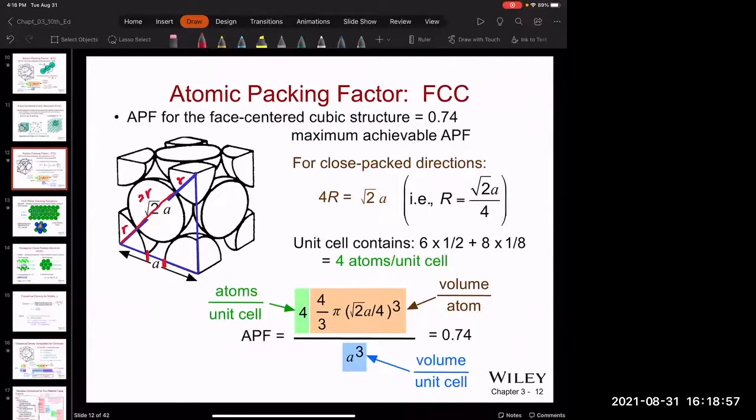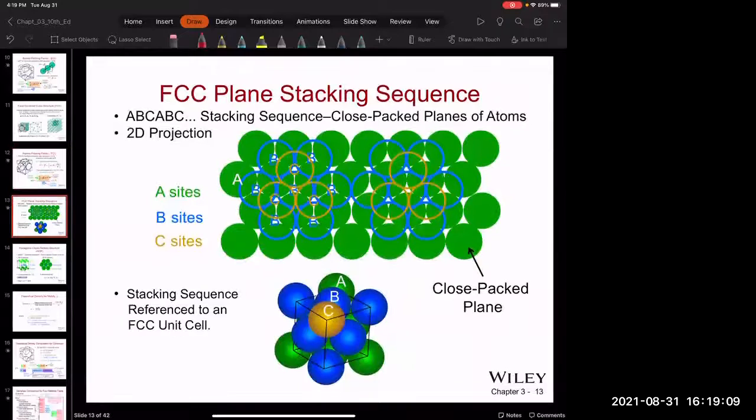You can also calculate the APF, using the same formula that we showed you before. Again, this will be the focus on Friday's lab, so I'm not going to repeat that here. Now, the last one is the so-called HCP, and it's very similar to the FCC.